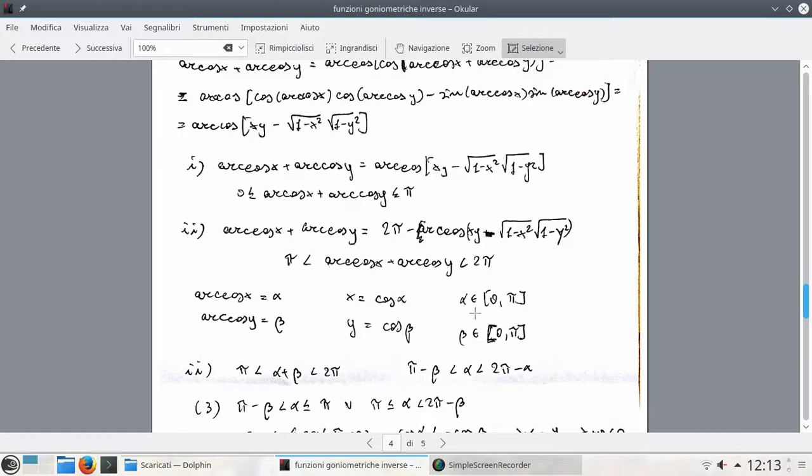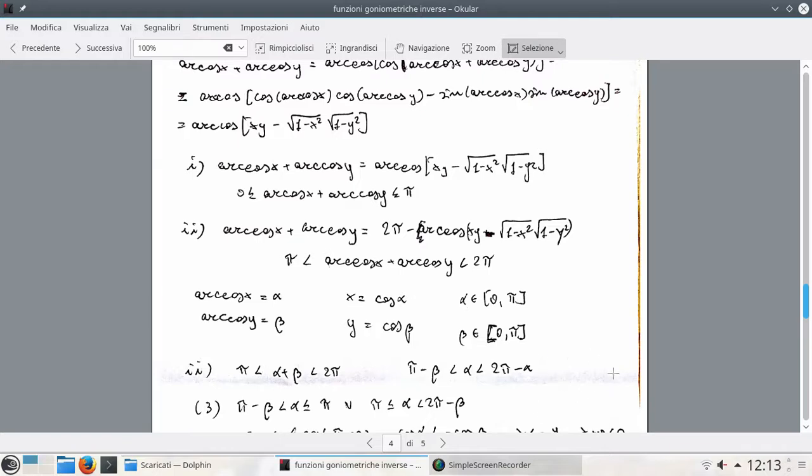And naturally, evidently, we are interested in a formula related to x and y, like in the previous case. Okay, we start considering the double I situation. We have pi less than alpha plus beta less than 2 pi.